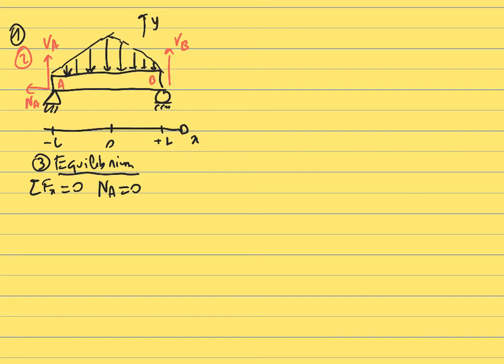For the y-axis, a vertical axis going up, the sum of the forces along y equals 0. In this case, VA and VB will have a positive projection. Those are the unknown forces that we are trying to find. There are different ways to solve this, but in this case, you have two triangular distributed loads. The resultant force associated with each triangular load is going to be at the centroid of the load diagram, which is at 1/3.